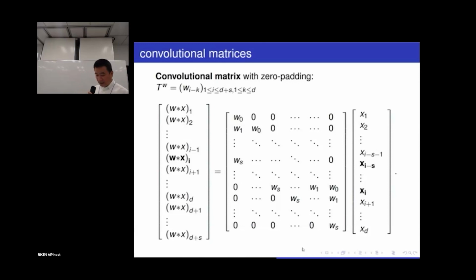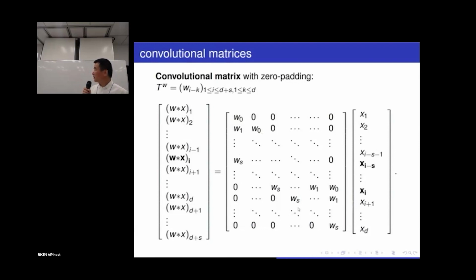So we can see that on this line, all the entries are w_0, and then the second line, all the entries are w_1, w_2 until w_s. So although the size of this matrix is d plus s by d with many, many entries, the number of trainable parameters is only s plus 1.